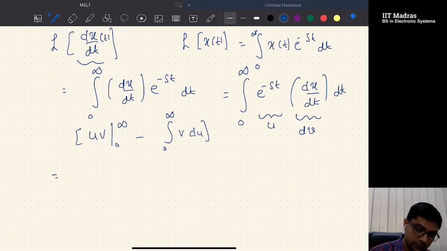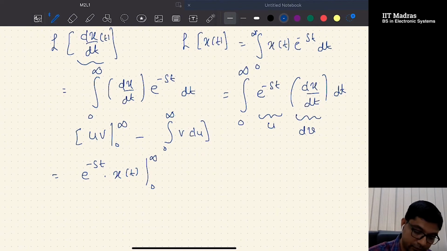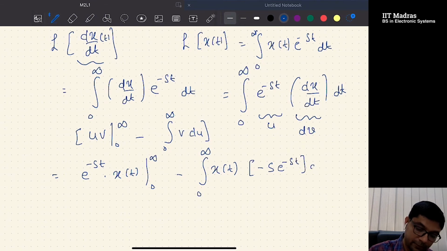Okay, so uv will be e^(-st) x(t) from 0 to infinity, minus the integral from 0 to infinity, where v is now x(t) and du is -s e^(-st) dt. Okay, so I look at this term where I have limit t going to infinity of e^(-st).